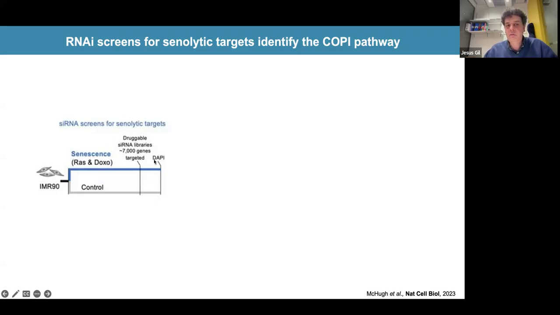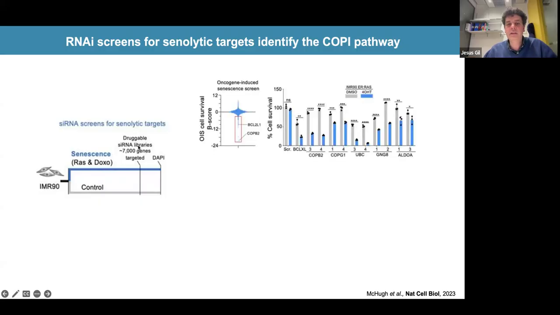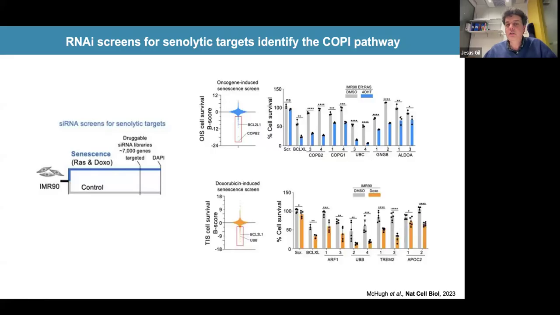We screened a druggable genome library targeting 7,000 genes. So we identified, and this is oncogene-induced senescence data, a few genes that, when we knock them down, selectively kill senescent cells. And the same in the doxorubicin-induced senescence screen. In common, we found a few things.